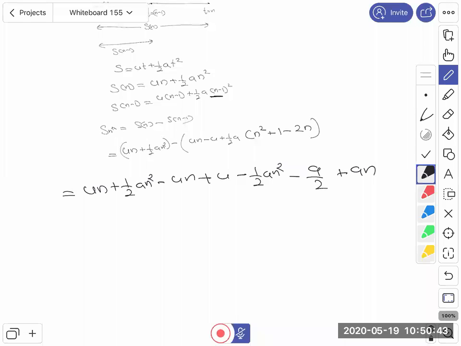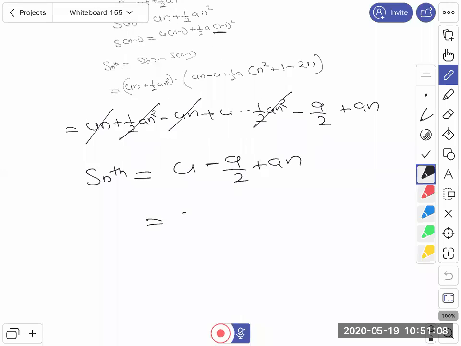So we can observe that this un and this minus un get cancelled. This half a n square and this minus half a n square get cancelled. Now we can observe what about the remaining part. So displacement in the nth second is equal to a, u is over here, minus a divided by 2 is there, plus a into n is there.